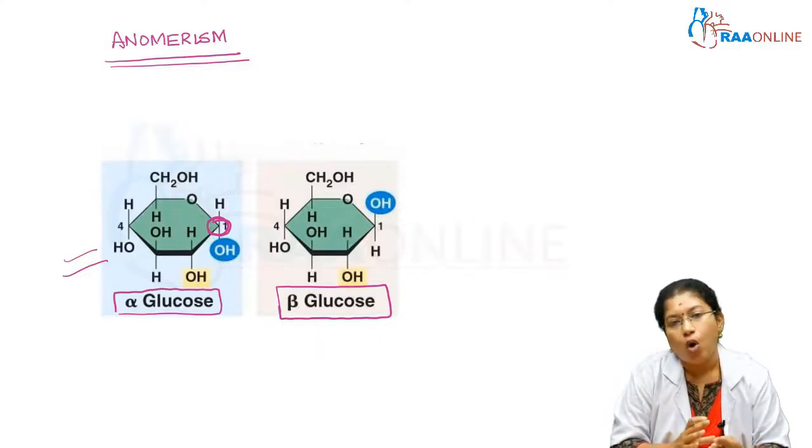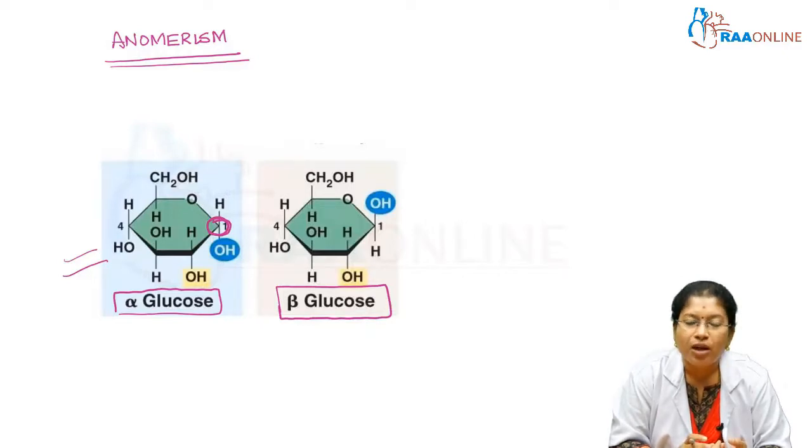So we have seen all four isomerisms: D and L isomerism, optical isomerism, that is either dextrorotatory or levorotatory, epimerism, and lastly anomerism. Next we'll see about mutarotation. What is mutarotation?